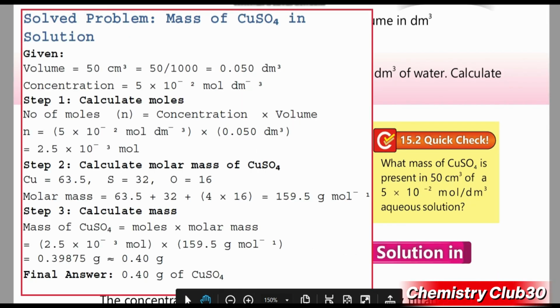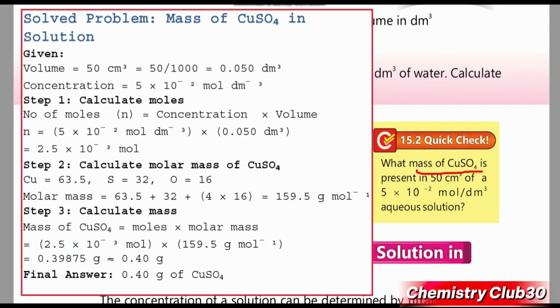Quick check 15.2. What mass of copper sulfate is present in 50 cm cube of 5 into 10 raised to power minus 2 mole per dm cube aqueous solution? So in this problem, we have to find the mass of copper sulfate. Copper sulfate is a solute, and we are given 50 cm cube of the solution.